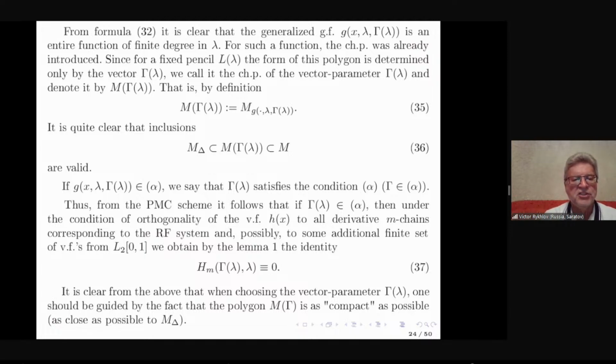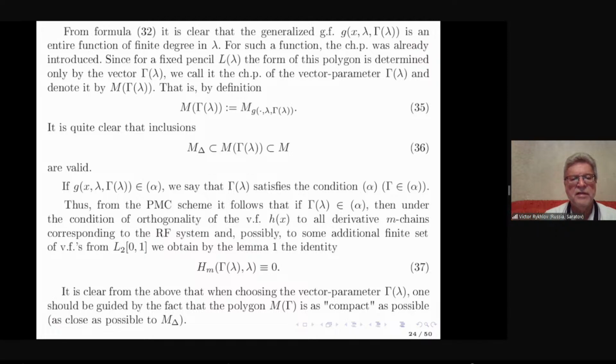If g of x, lambda, gamma belongs to alpha, we say that gamma of lambda satisfies the condition alpha, and we write gamma belongs to alpha.